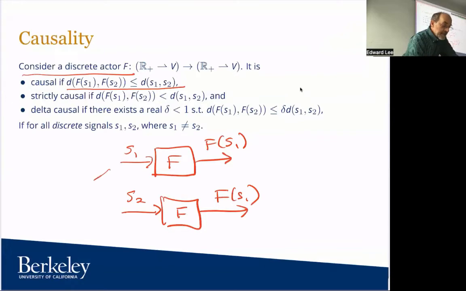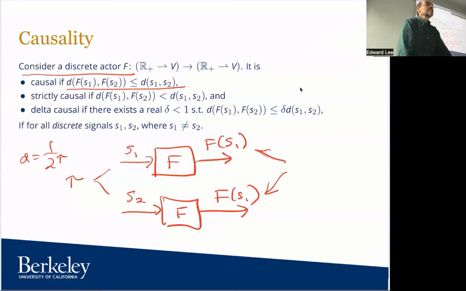Suppose that the earliest time at which these two differ is tau, right? So the distance between them is 1/2 to the tau. What do you think the earliest time at which these two should differ is? Probably shouldn't be less than tau, right?